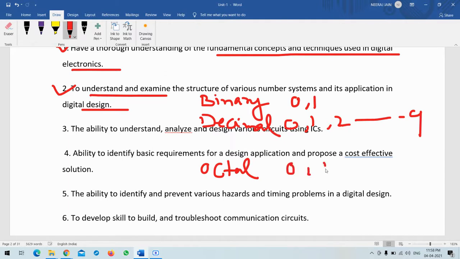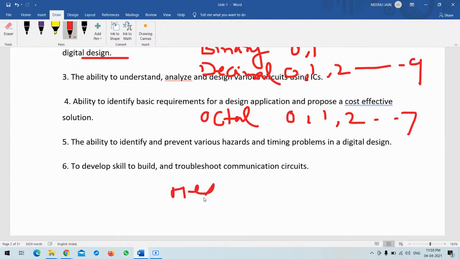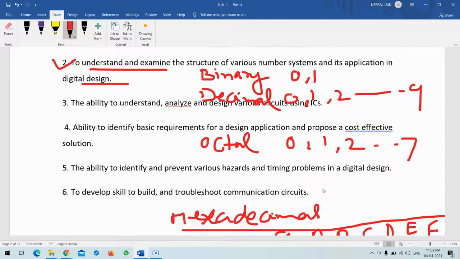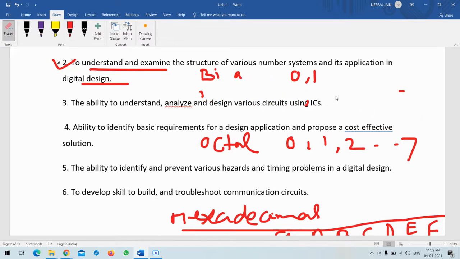And in the hexadecimal number system, generally 0 to 9, and 10 is called A, 11 is called B, 12 is called C, 13 is called D, 14 is called E, and 15 is called F. So these 16 symbols are used in the hexadecimal number system. So we will also be able to have the basic idea of the different number systems by studying this subject.